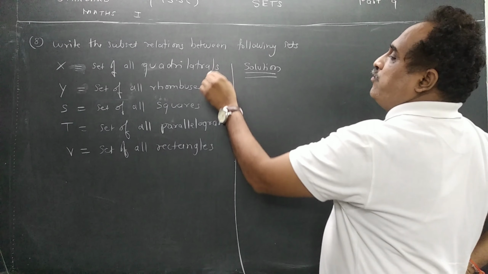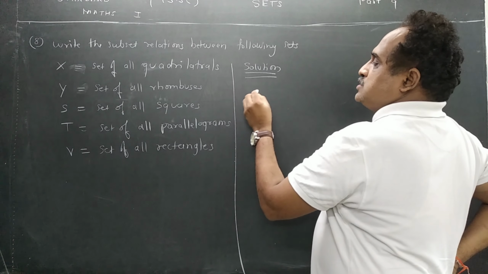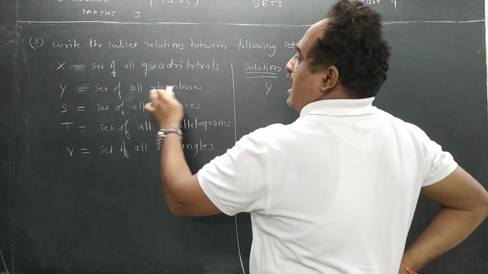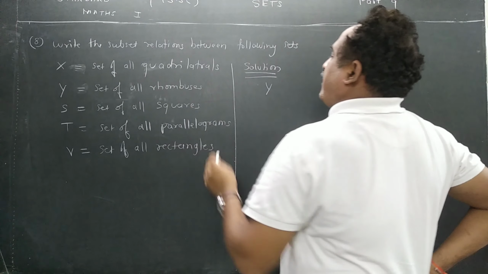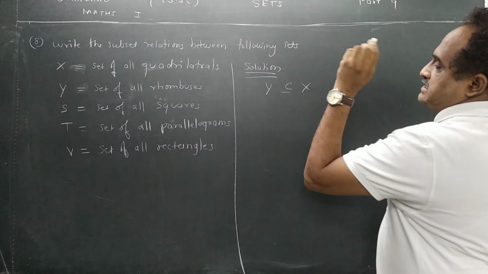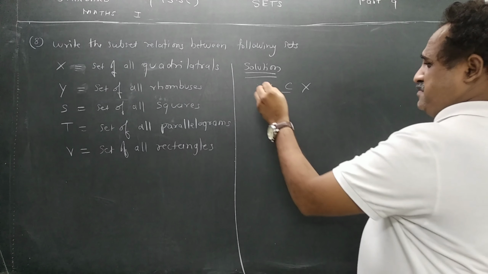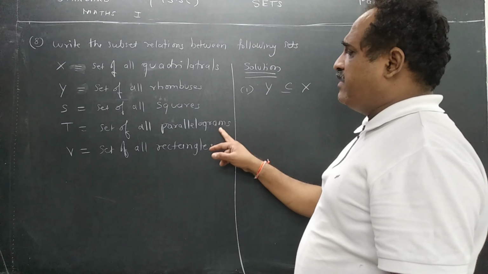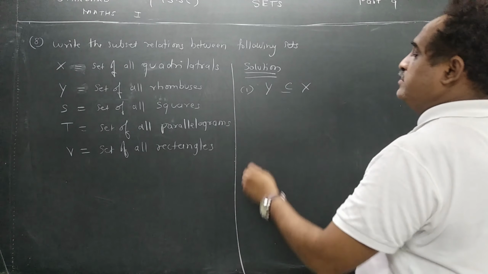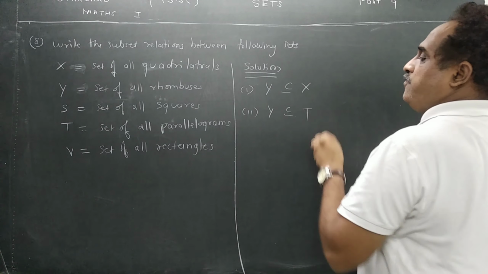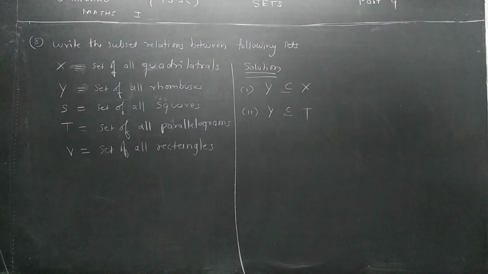Who is the subset of which set? So Y is a set of all rhombuses, right? And X is a set of what? All quadrilaterals. So ultimately, Y is a subset of X. That is the first subset relation. But I told you that rhombus is one type of parallelogram. So what I can write then, Y is a subset of parallelogram.